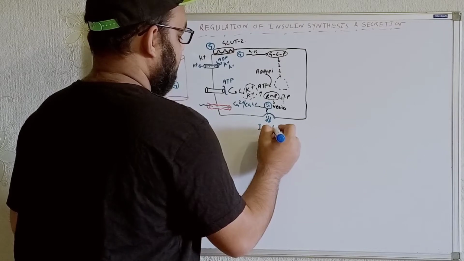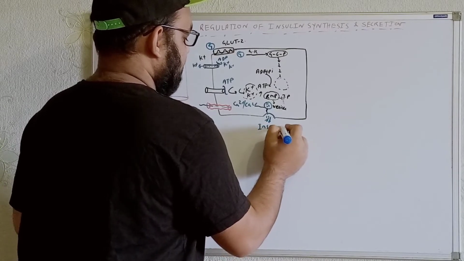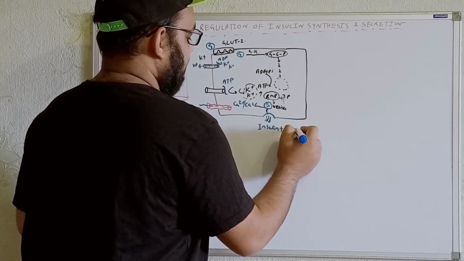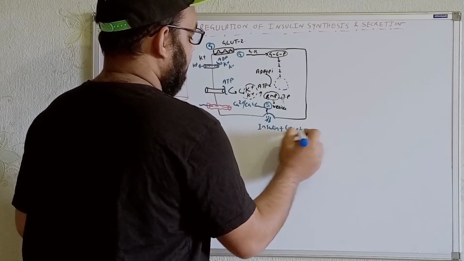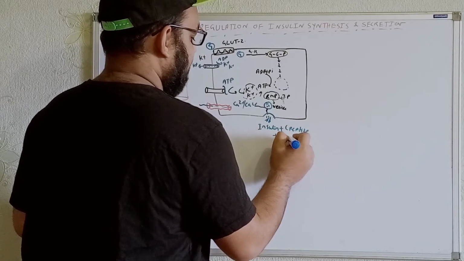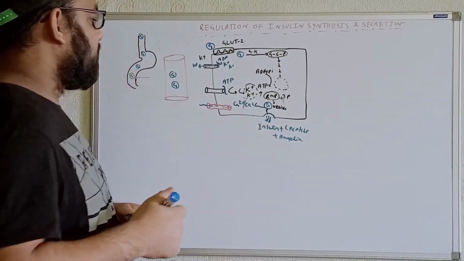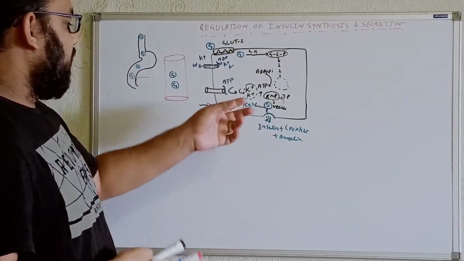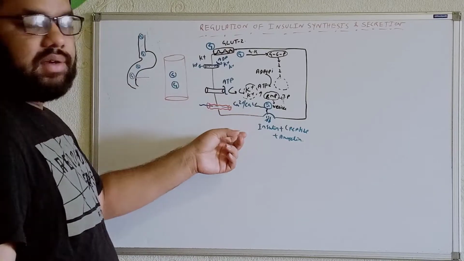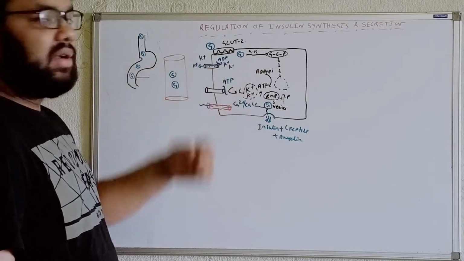Along with the insulin we will get what? C-peptide and some amylin, right? So this is the normal process of how the insulin is stored and released when you are getting glucose within the pancreatic beta cells.